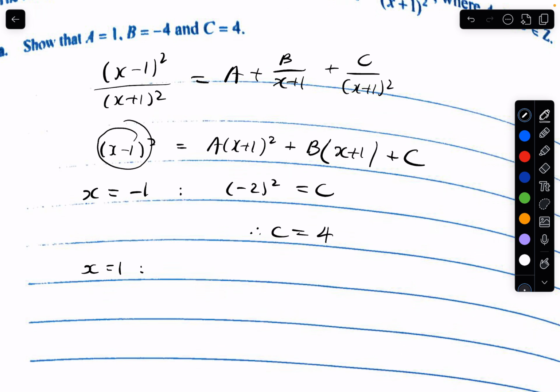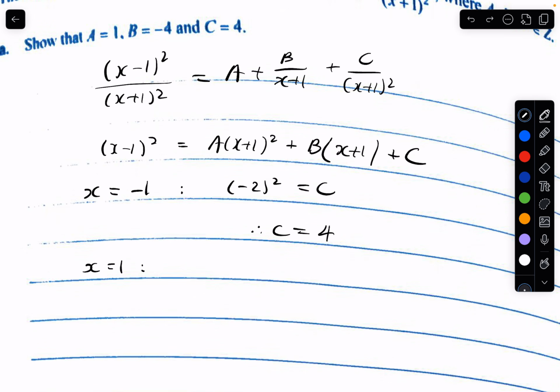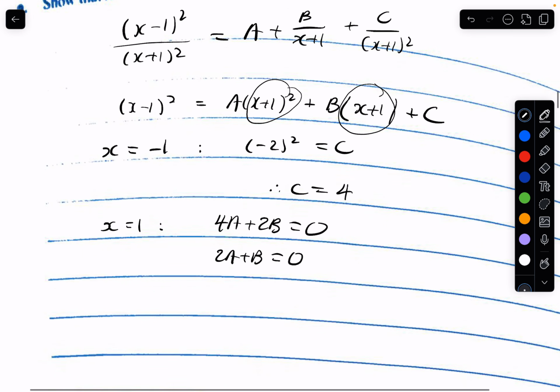You can see on this side 0 is equal to 4a plus 2b. Right, because 4a plus 2b is equal to 0, and you can cancel 2, so 2a plus b is equal to 0. And then if you plug in maybe just x is equal to 0, then a plus b is equal to 1. So we can solve these simultaneously.